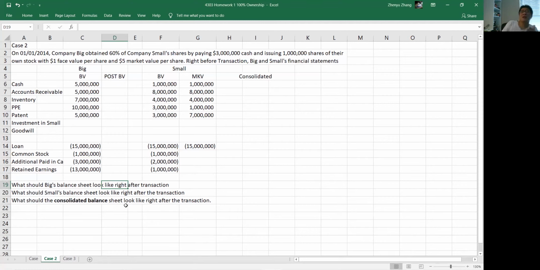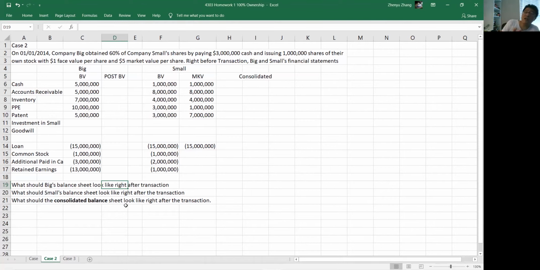You see that? What am I talking about? The consolidated financial statements, right? We are talking about the balance sheet. We're going to talk about the income statement, but the balance sheet is showing the whole picture of Big and Small put together. As long as Big controls Small, there is a consolidated balance sheet from Big's perspective. The consolidated balance sheet or consolidated income statement shows the performance and condition of Big and Small put together.